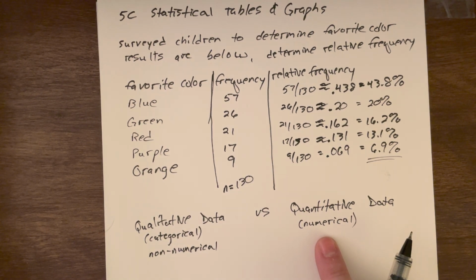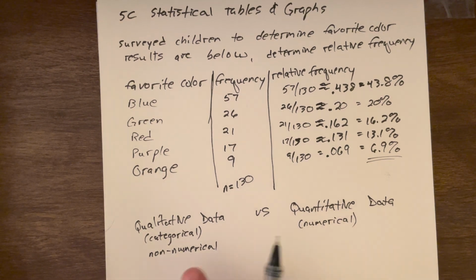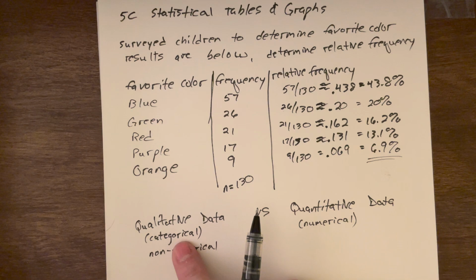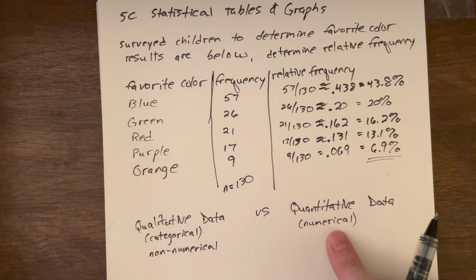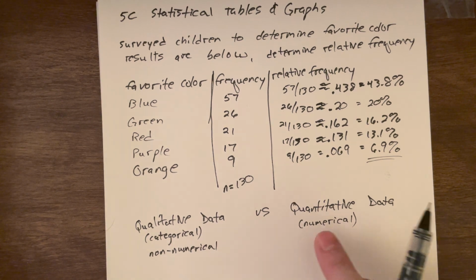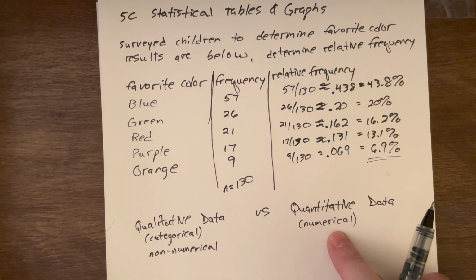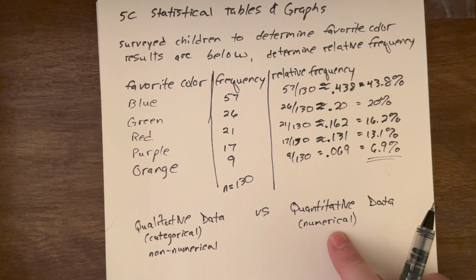So for instance, if I asked you, what is your first name? Well, that's clearly categorical data, right? But if I asked you, what is your ID number? That feels like it would be numerical data, but that number doesn't mean anything. Your number is 123, my number is 125, his number is 478. Those numbers don't tell us anything.